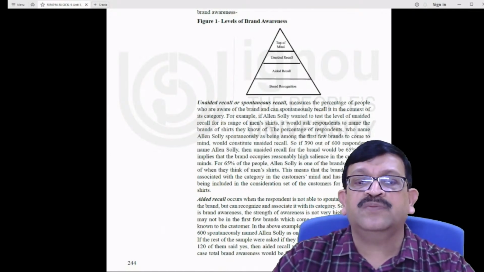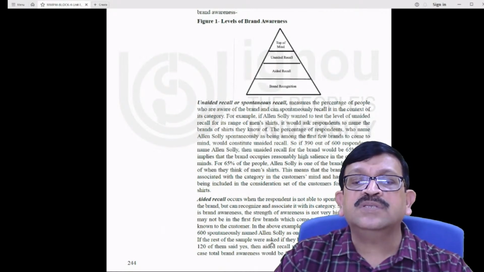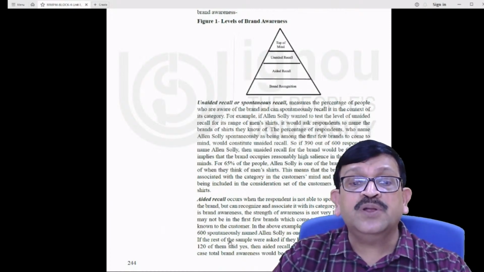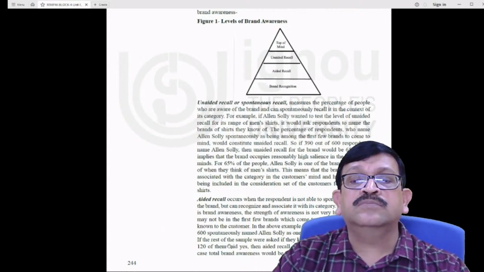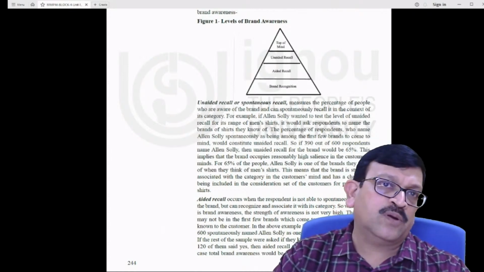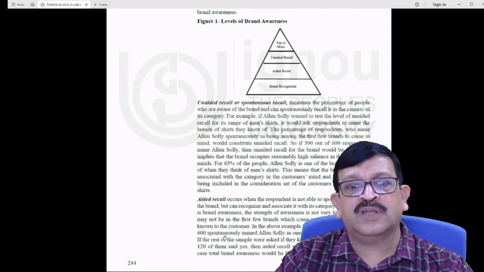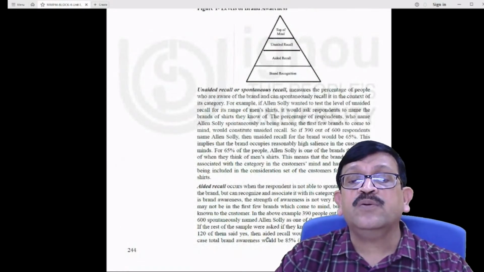So that's the next part of the experiment where they ask that out of these 600, out of 390 people, they spontaneously named Alan Solly. To others who did not respond, they asked that, okay, would you know about a brand called Alan Solly? So maybe say 120 is the example, which is the number which has been given here according to the example.